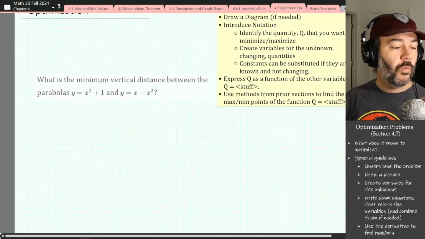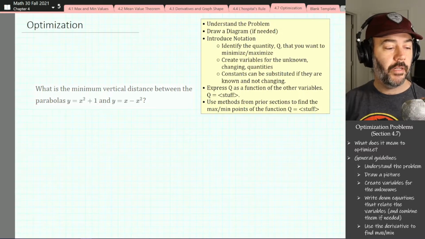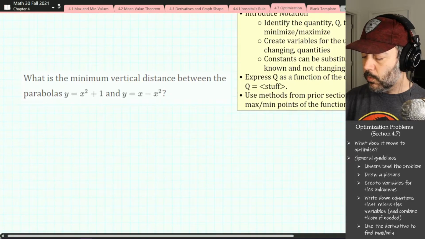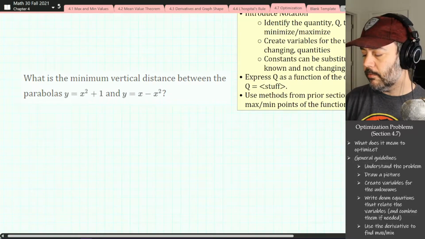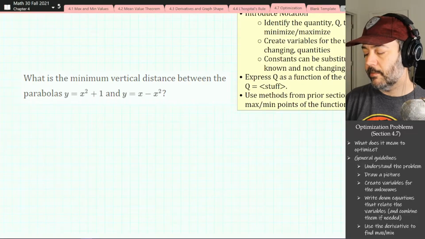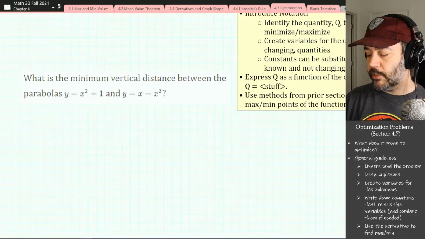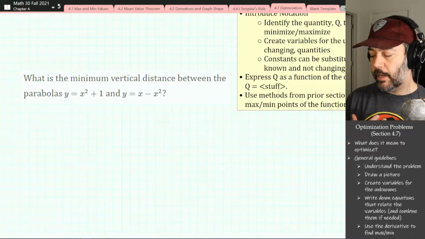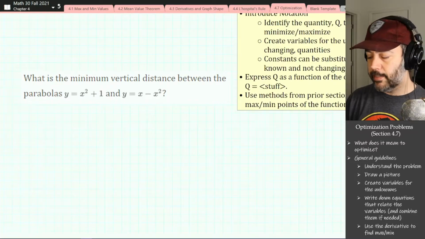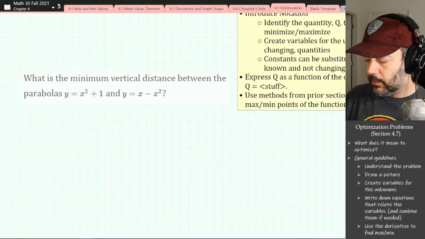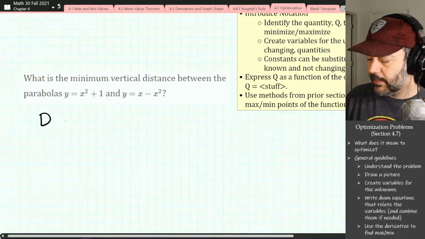Okay, what is the minimum vertical distance between the parabolas y equals x squared plus 1 and y equals x minus x squared? Okay, so we've got two parabolas and we want to minimize the distance between them. So I can see that we need to figure out a way to represent d for distance.